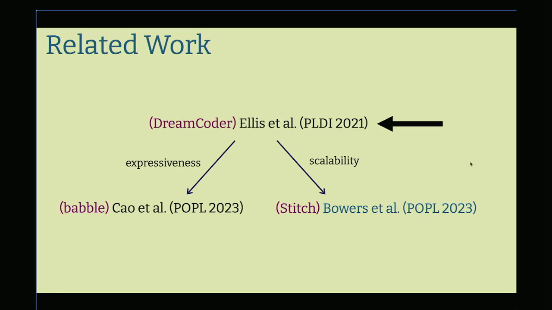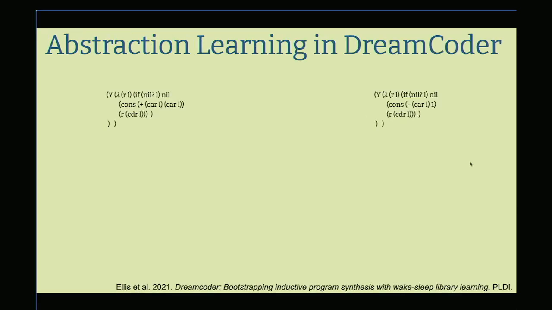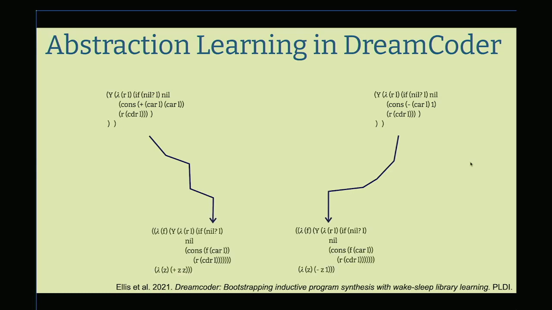So scalability really is a big issue for DreamCoder. And let's take a look at why. So in that abstraction learning step, if DreamCoder wanted to find the common structure between these two problems, it would do a series of refactorings using lambda calculus identities to expose the common structure as a common subexpression.